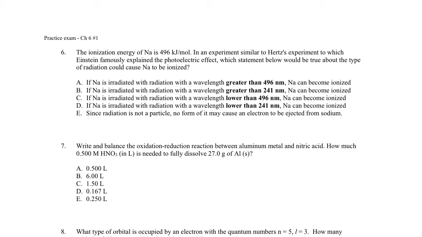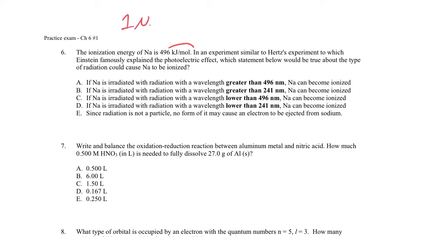And so anyways, if it takes 496 kJ per mole to ionize sodium, then what's the wavelength associated with that transition? Then what wavelengths do you want to use? Greater than that wavelength or lower than that wavelength? Okay, so what we might want to do here is say, well, what would the energy be per sodium atom?